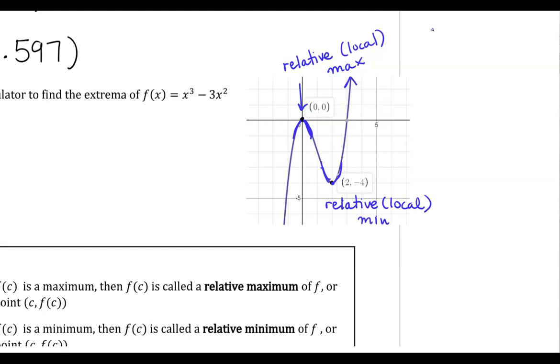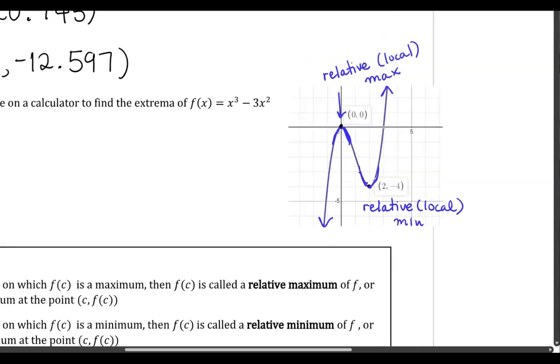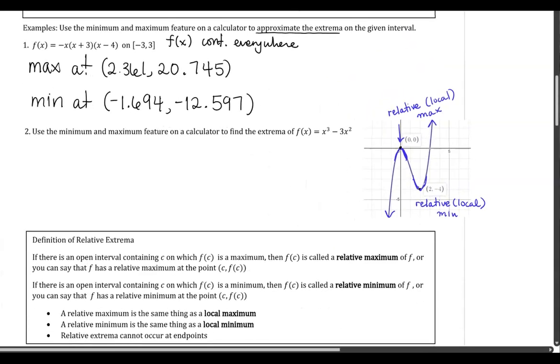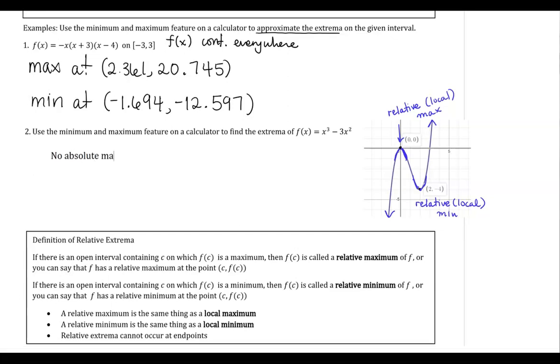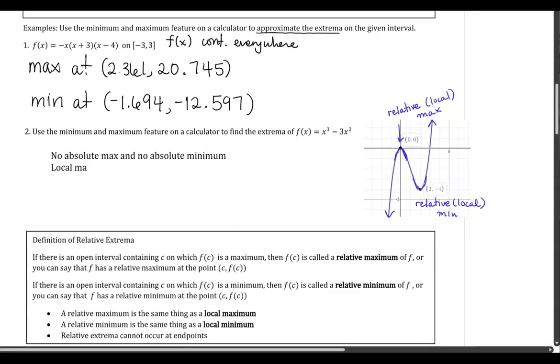Because this graph increased without bound and decreased without bound, this second example has no absolute maximum and no absolute minimum. It does, however, have a local max at the point 0, 0, and a local minimum at the point 2, -4.